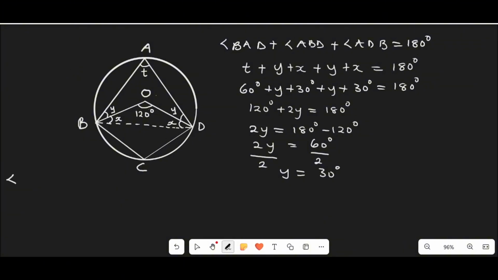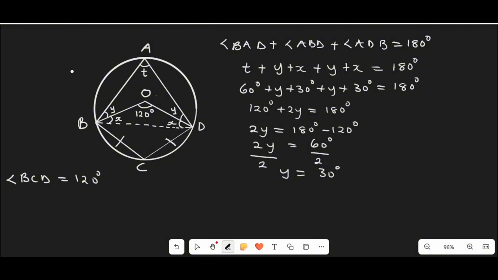So angle BCD equals 120 degrees. Another property of a rhombus is that all sides are equal. Therefore, this line is equal to this line, which makes CBD an isosceles triangle, and base angles of an isosceles triangle are equal.